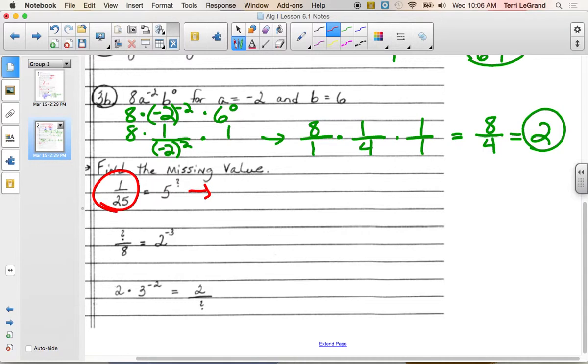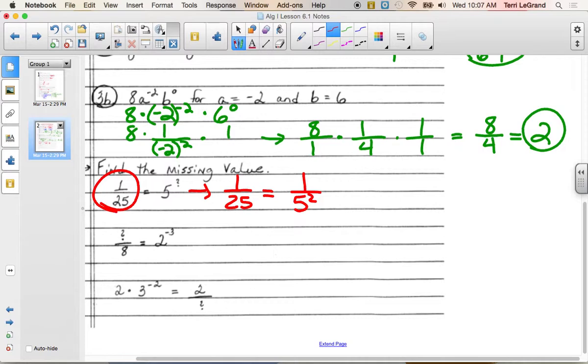How can 1/25th be renamed? Can we rename it with a power downstairs? What could 25 be renamed as? 5 squared. So we first rename it as 1 over 5 squared.